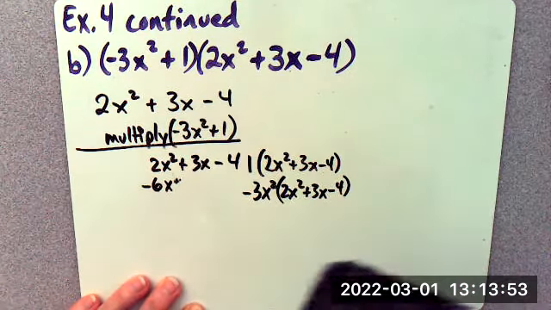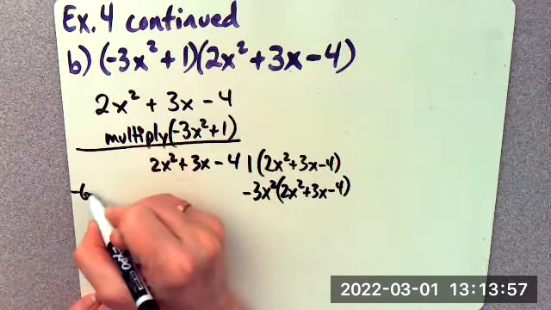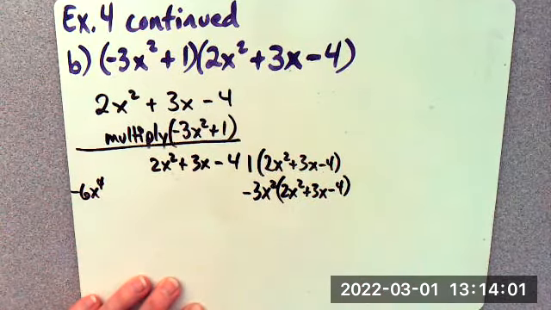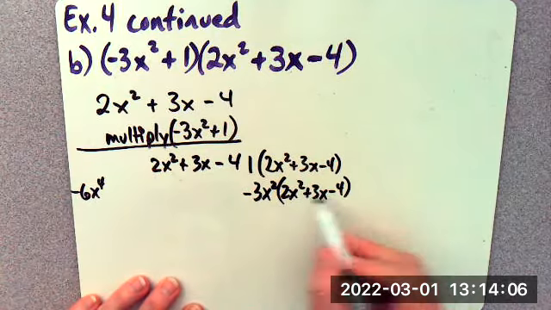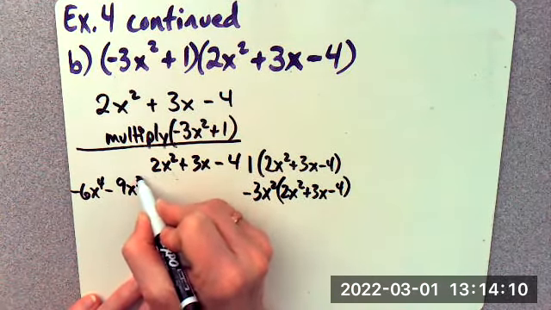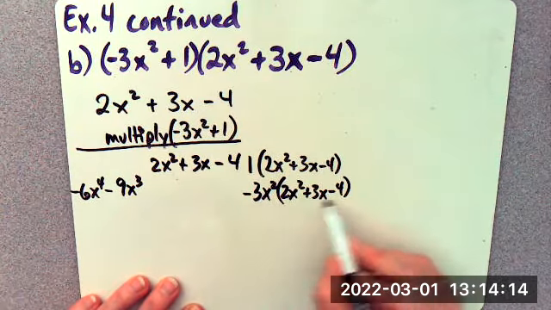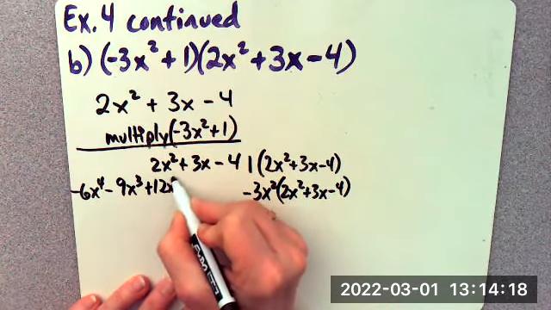Oh my goodness, we're way out here. You see, x squared times x squared is x to the 4th. And negative 3x squared times 3x, well, that's negative 9x cubed. And then negative 3x squared times negative 4 is a positive 12x squared.